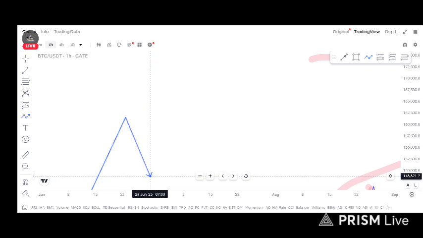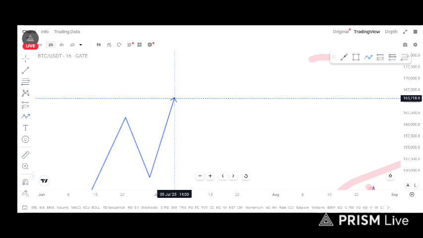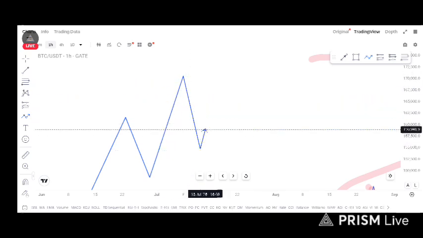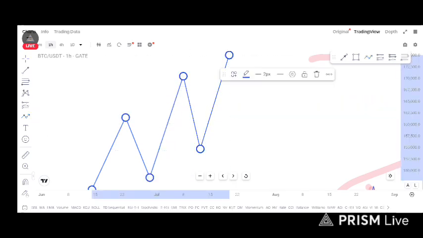Now I want you to understand this: the market forms higher highs and higher lows because the market works in a breathing pattern. It breathes in and breathes out, breathes in and breathes out. This is how the market works.